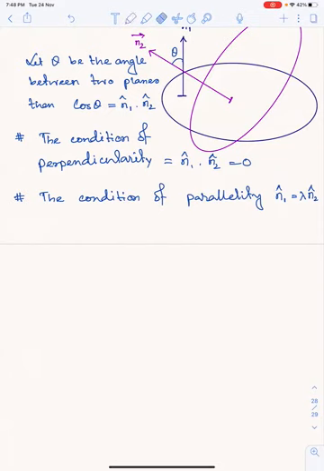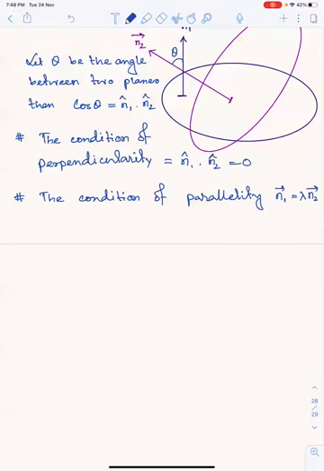Sorry, not the cap ones. Please mark the correction. It's n1 vector is same directional as n2 vector. So n1 vector is some lambda times n2 vector.